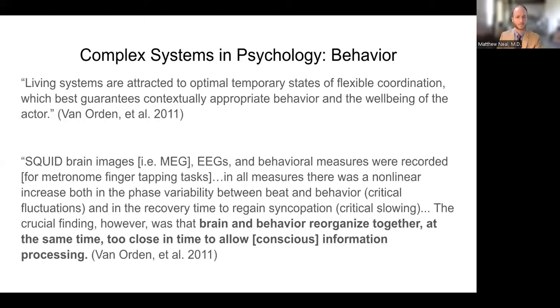So now we'll move on to applications and research in complexity theory. Let's talk about complex systems in psychology. This is a quote from Van Orden, who wrote a really good book chapter about complex systems in psychology. He says, living systems are attracted to optimal temporary states of flexible coordination, which best guarantee contextually appropriate behavior and well-being of the actor.